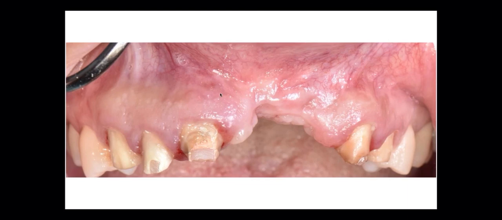But when I saw that we had some tissue on the mesial part of 11, we thought that maybe we could take advantage of the bone that was existing on the mesial part of 11 to create bone in the area of 21 and 22, because when we have bone laterally, it is much easier to migrate the bone cells laterally in this area than to migrate bone vertically from this area. So we said, let's keep number 11 for now, regenerate the bone, then remove number 11 later on when we place the implants.